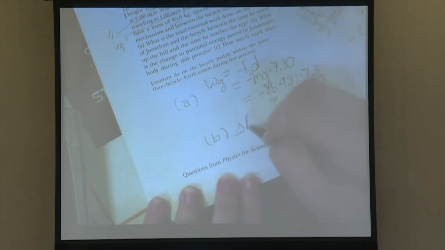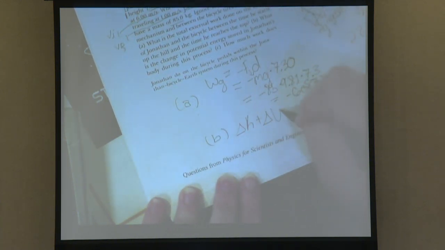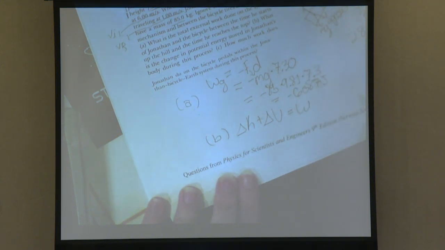Part B is looking for the change in potential energy stored in his bike. So you know that the difference between the kinetic energy and the potential energy is going to be the work. And our kinetic energy we can solve for because we have his different speeds.